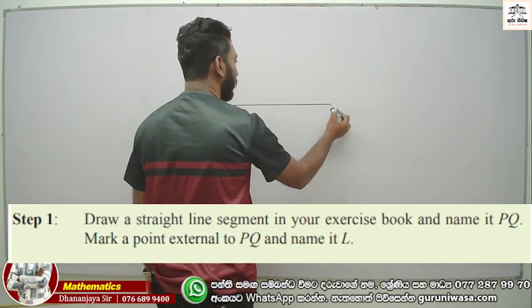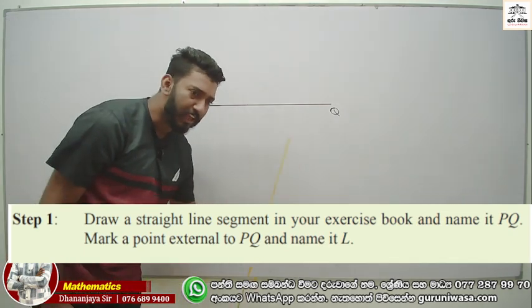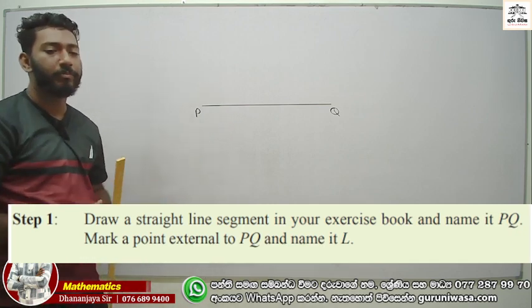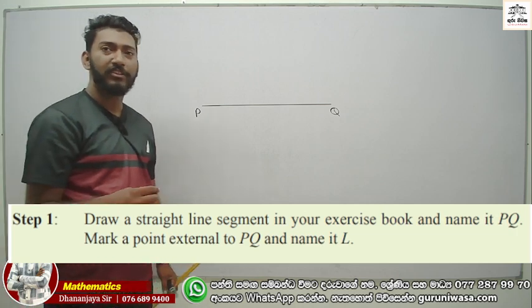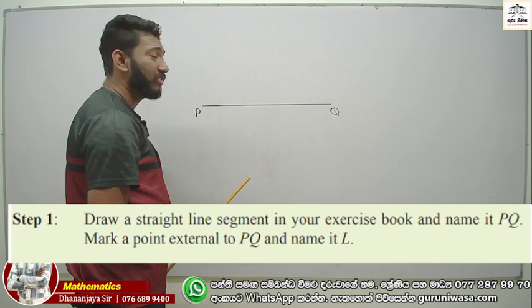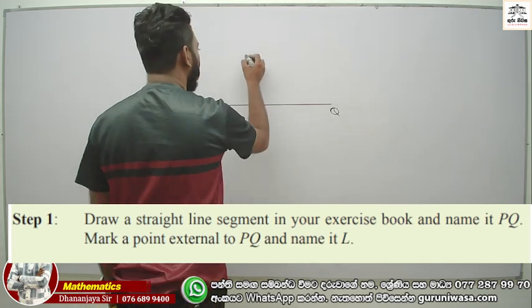Do it with me. Ready? Draw the straight line and name it PQ. And mark a point external to PQ and name it as a capital L. It should be an external point. It does not lie on the straight line. Right? Now I'm going to mark L here.